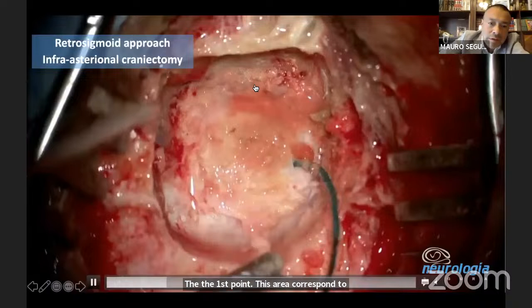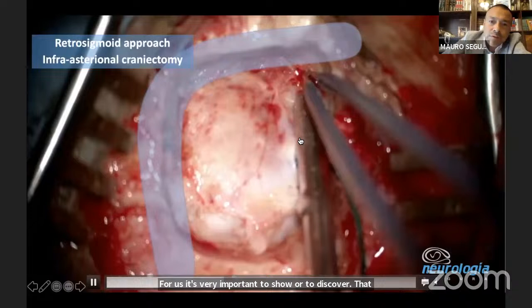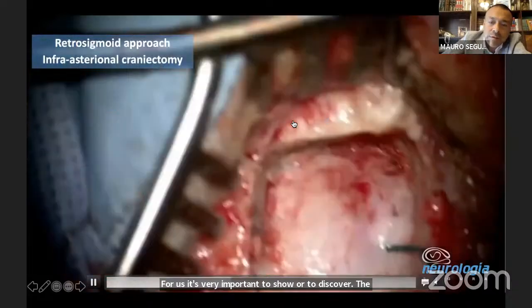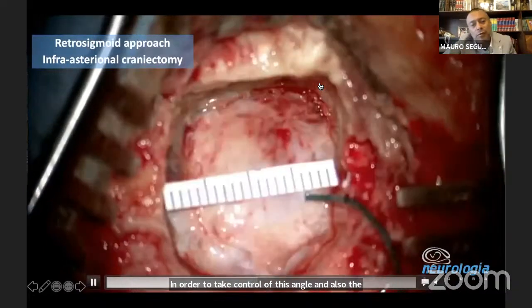This area corresponds to the transverse sinus. This is the angle. And for us, it's very important to expose the roof of the sinus always, in order to take control of this angle and also the other angle at this point before the jugular bulb.